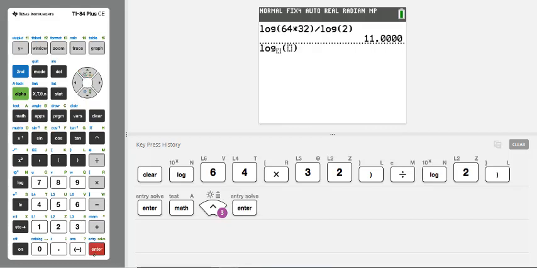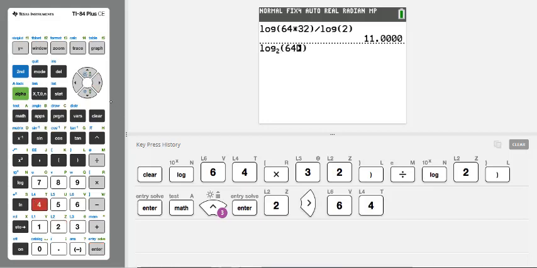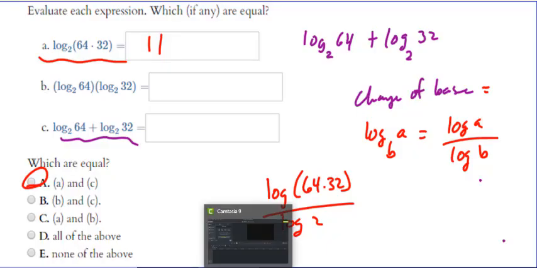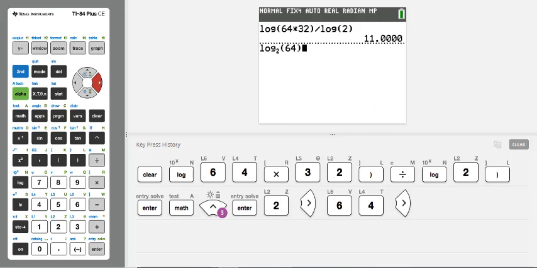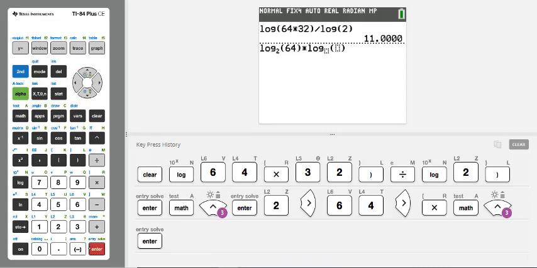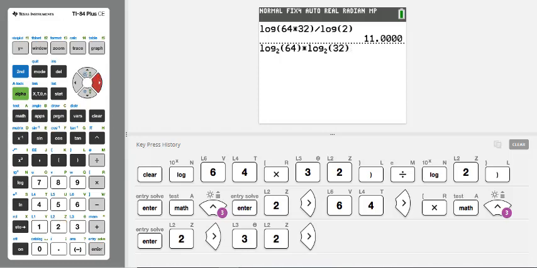So we're going to use it, right? So base 2 of 64, times, we'll go math, base 2 of 32. And arrow out and hit enter. That becomes 30.